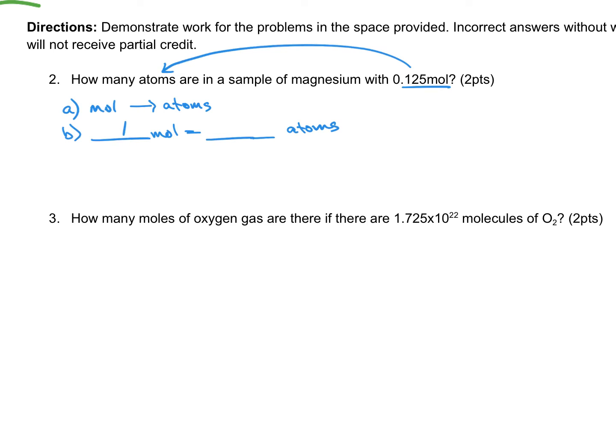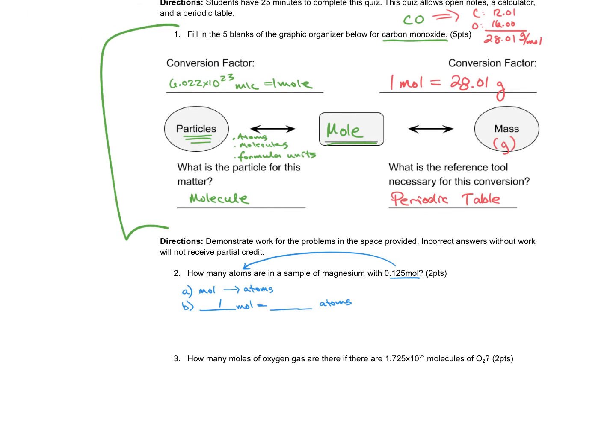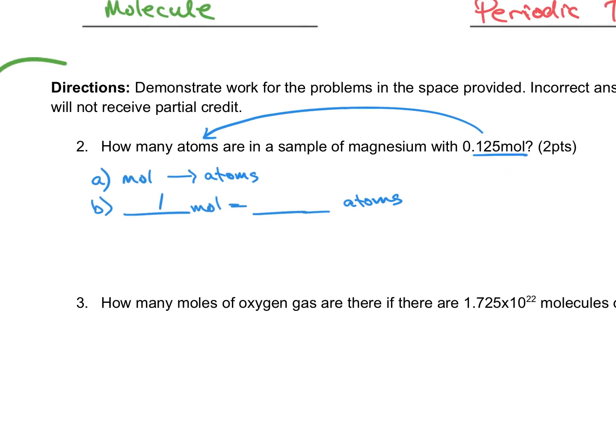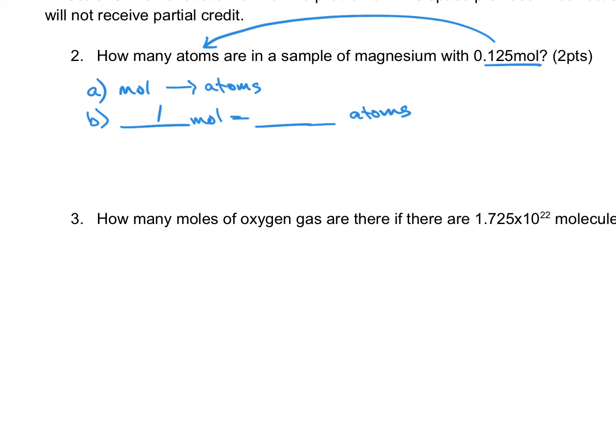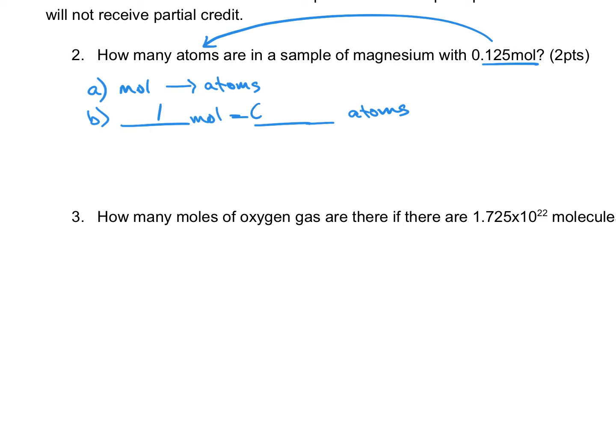Well, the conversion between moles and atoms is Avogadro's number, which we set up here. A mole to any type of particle is going to be that giant number, Avogadro's number, 6.022 times 10 to the 23rd. So 6.022 times 10 to the 23rd atoms. Now, the third step of any dimensional analysis problem is to set up the multiplication so that the units will cancel.